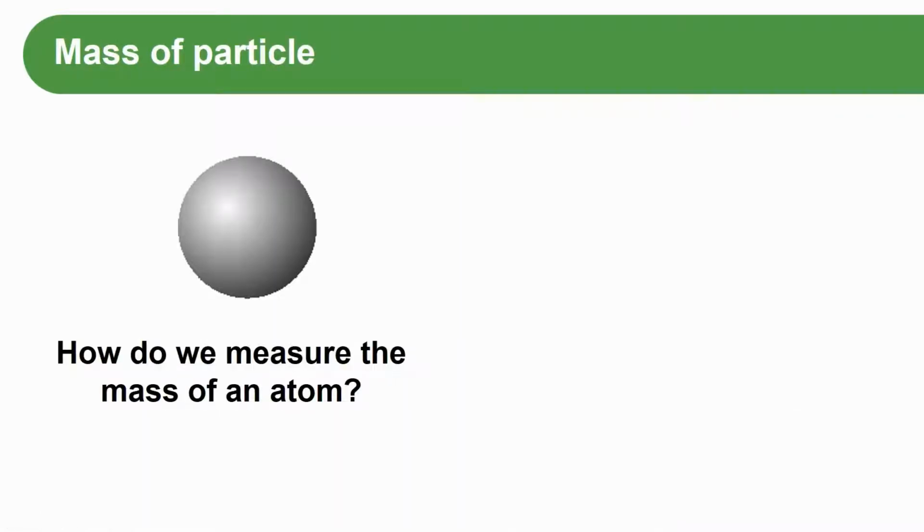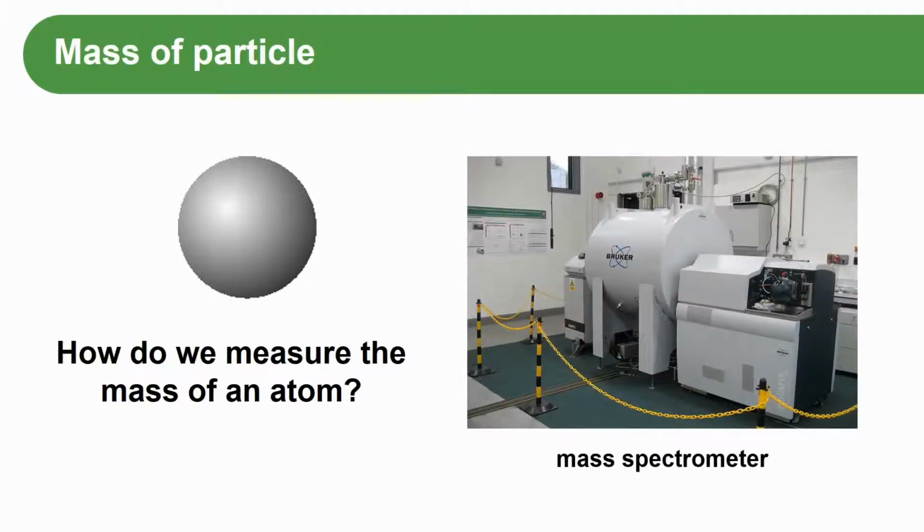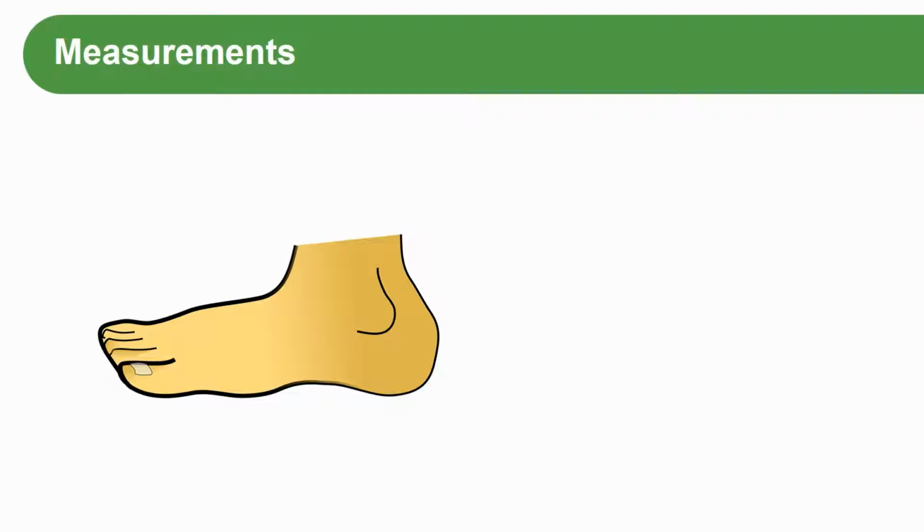Now, how do we measure the mass of an atom? In today's modern technology, we have advanced equipment like mass spectrometer, which can enable the measurement of an atom to be carried out. We want to look at the basic fundamental of measurements. Let's look at length as an example.